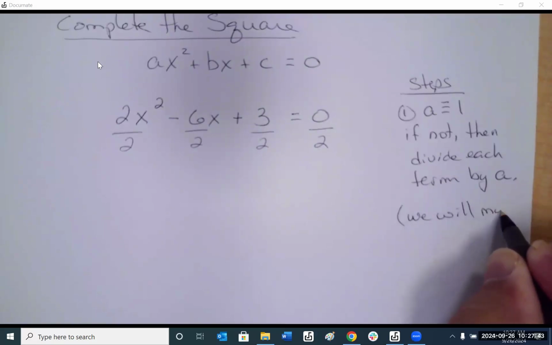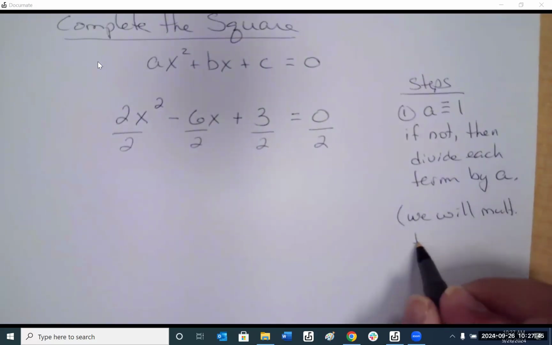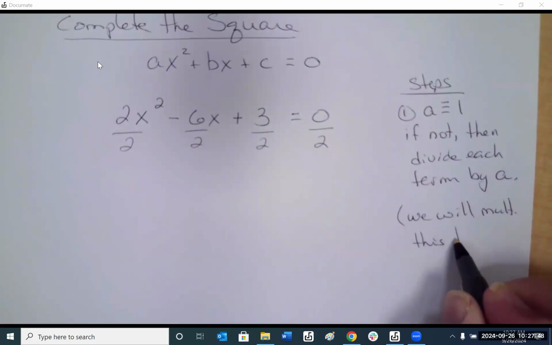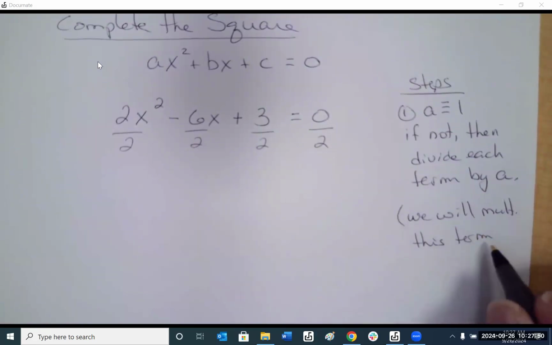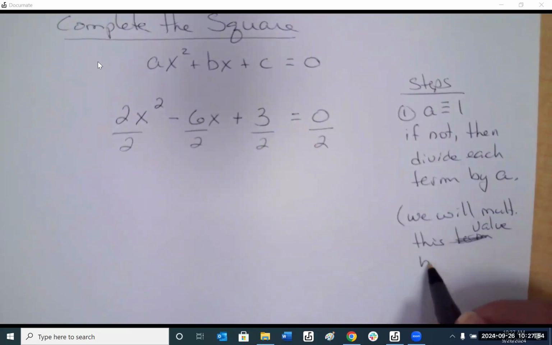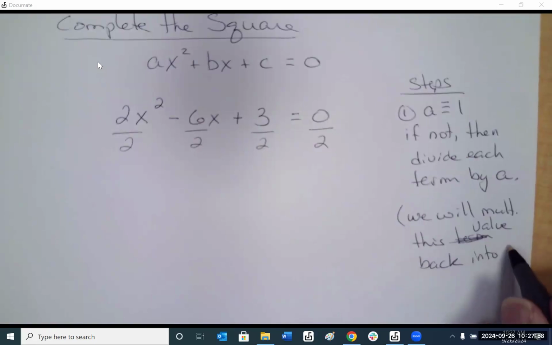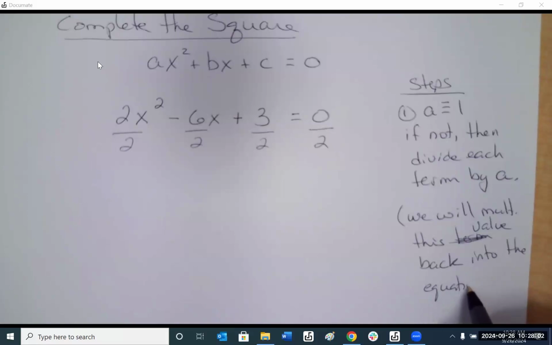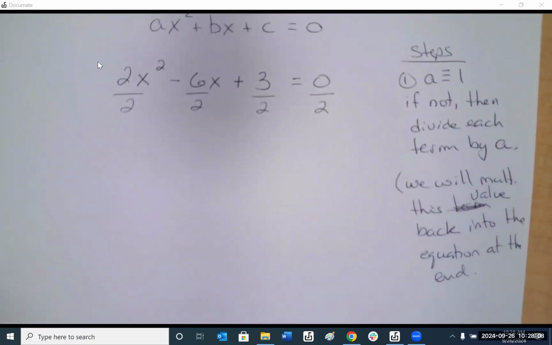We will multiply this value back into the equation at the end.